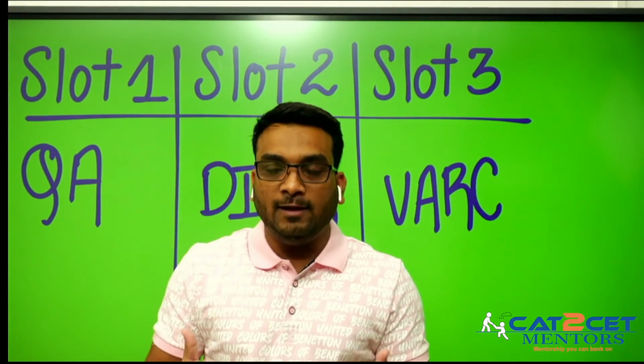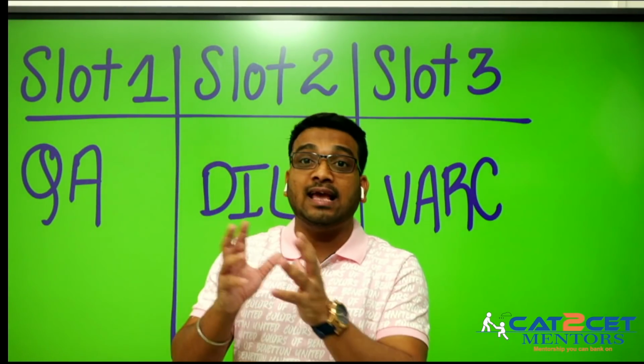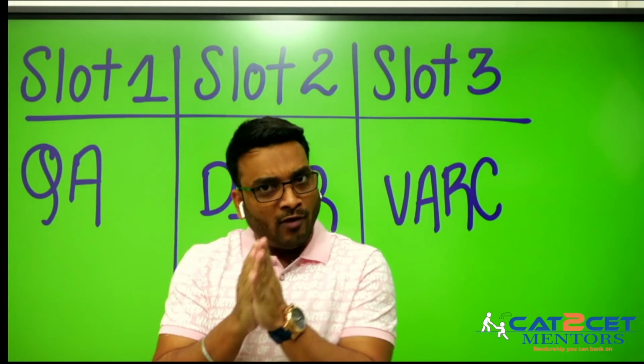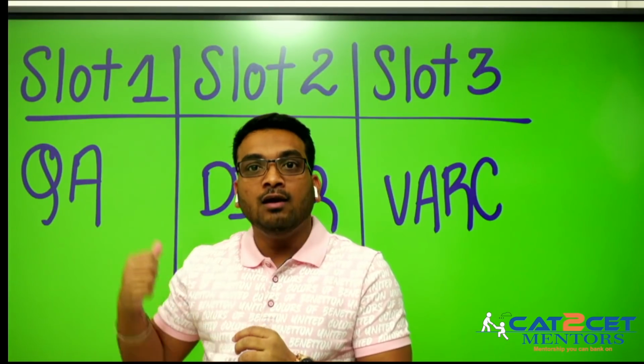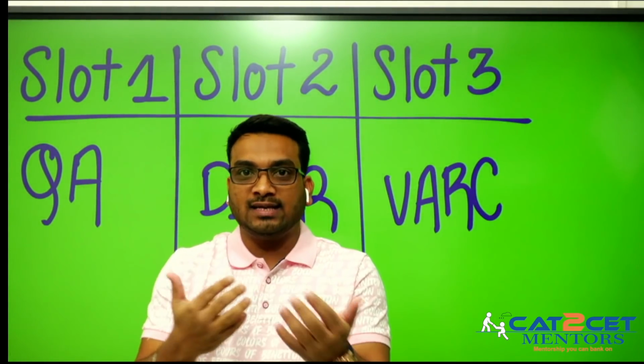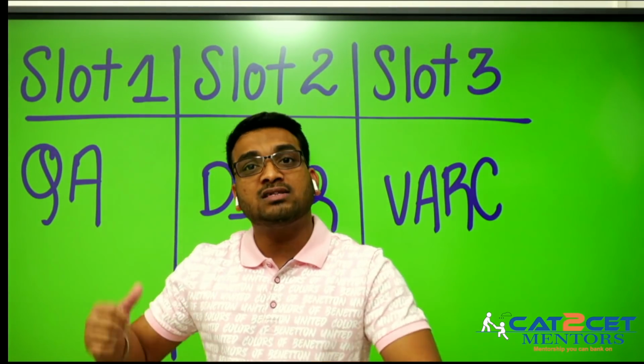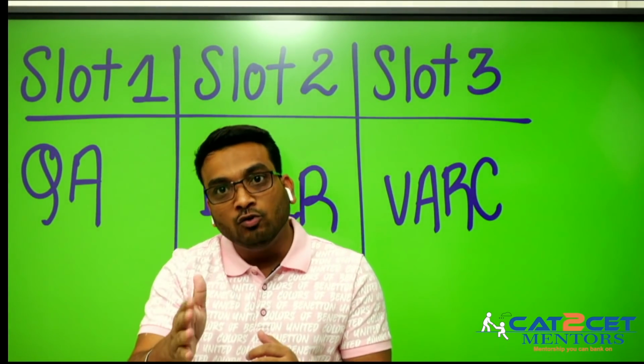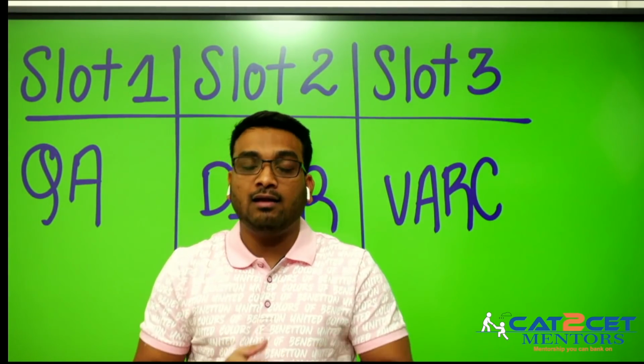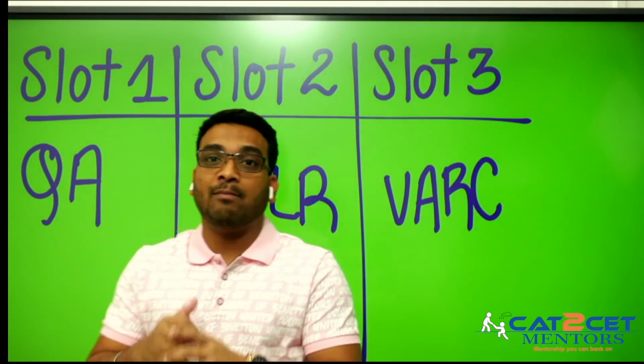Now, according to me, once the normalization or scaling is done, guys, I firmly believe that in slot 1 Quants, if your raw score is XYZ, you might lose a bit of marks as far as the scaling is concerned because it was easy. In slot 2, the same thing can happen with DILR. In slot 3, the same thing can happen with VARC.